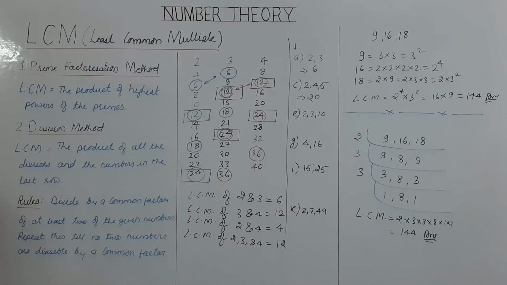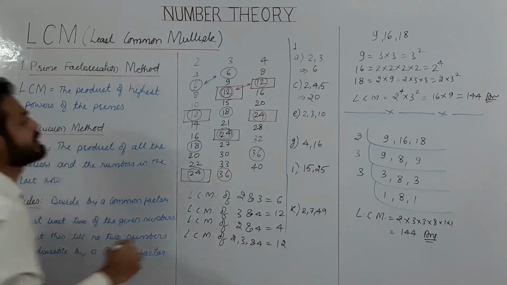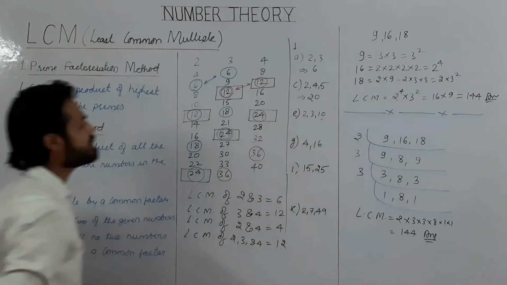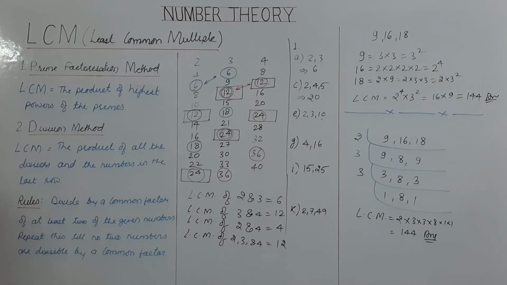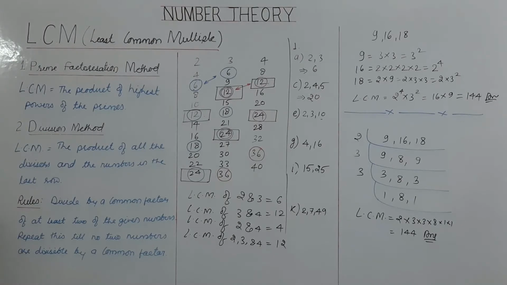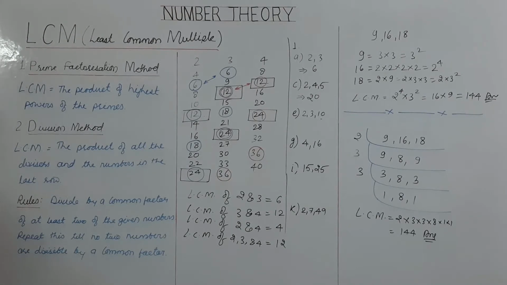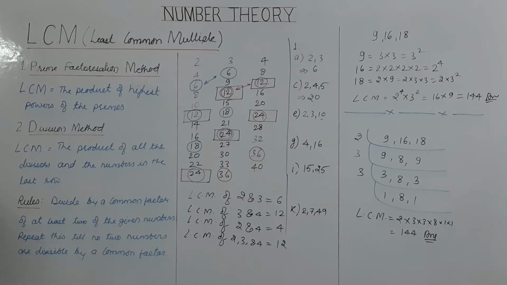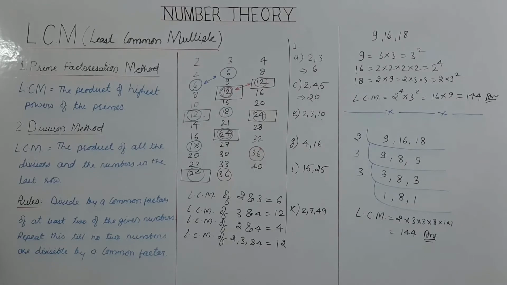Next, 2, 3 and 10. Again, highest number which is maximum or whose value is maximum among all. 2, 3 and 10. 10 is the biggest number. So multiples of 10. After 10, next multiple is 20. 20 is a multiple of 2, but 20 is not a multiple of 3, or 3 is not a factor of 20.